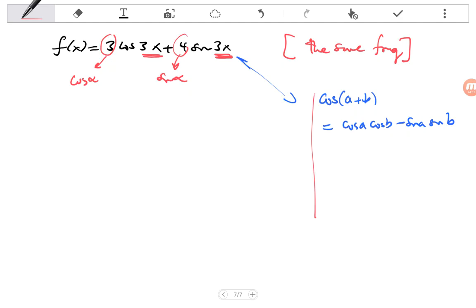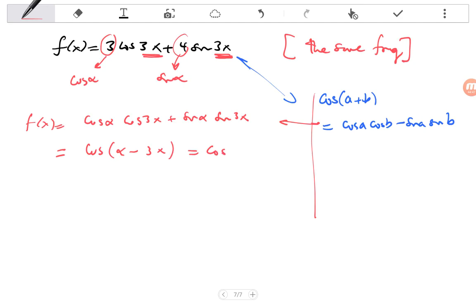If I had the expression f of x equal to cosine alpha cosine 3x plus sine alpha sine 3x, this expression can be written as cosine of alpha minus 3x. And we know you can change the sign inside the cosine, so it can also be written as 3x minus alpha.